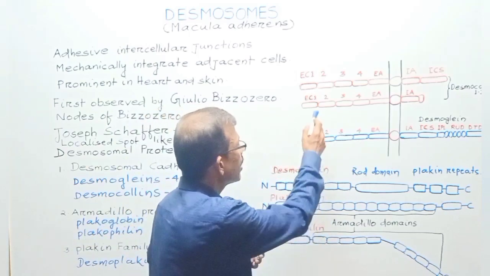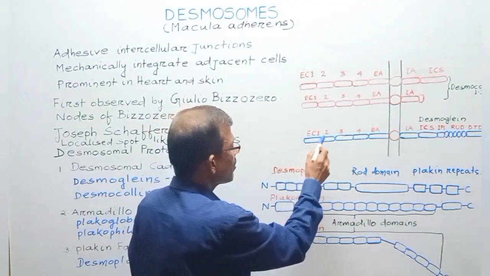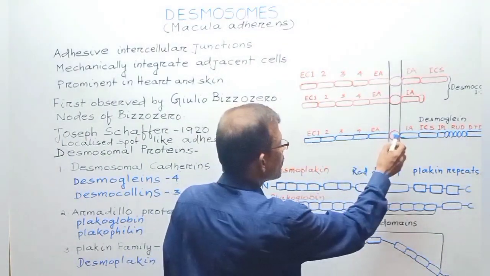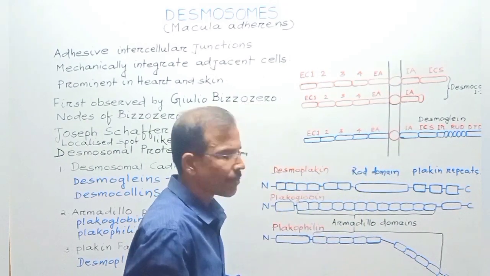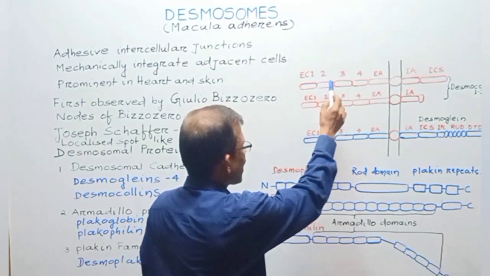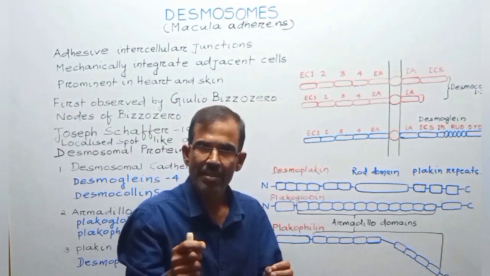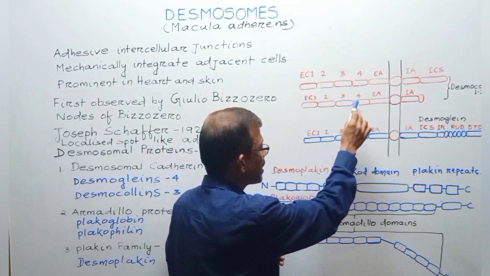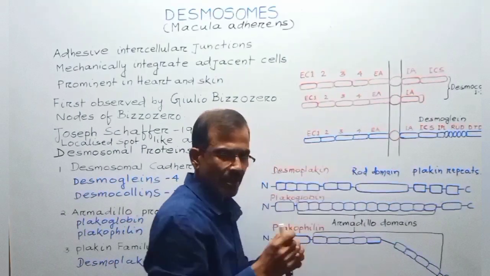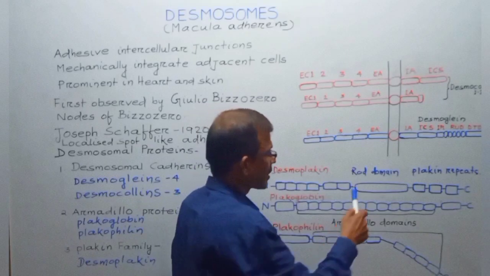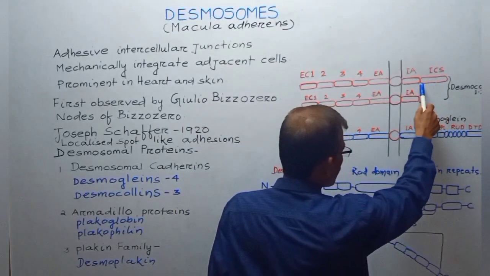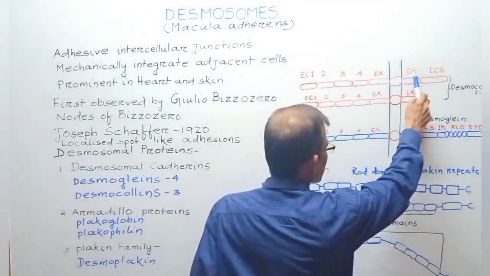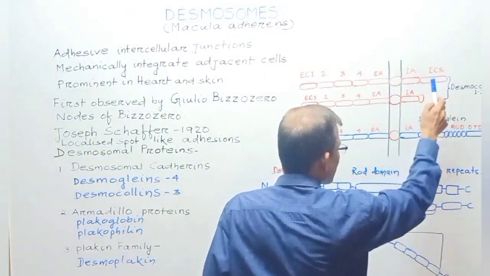Desmoglein and desmocollin both have 5 extracellular cadherin repeats and a single pass transmembrane domain. Each of the cadherin repeats forms an Ig-like globular domain with calcium binding sites in between each pair of consecutive repeats. The cytoplasmic domain of both desmocollin and desmoglein has an intracellular anchor and a cadherin-like sequence.